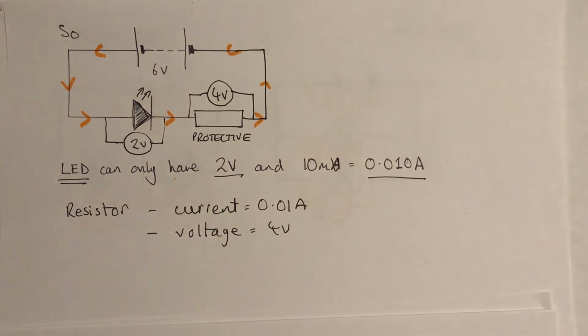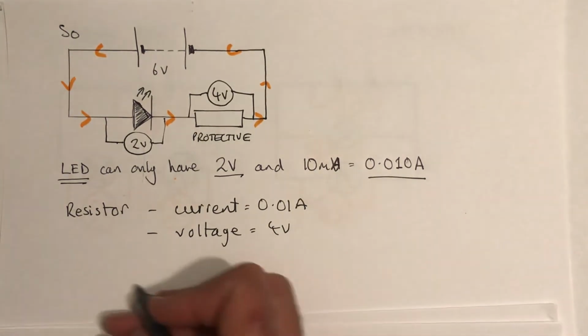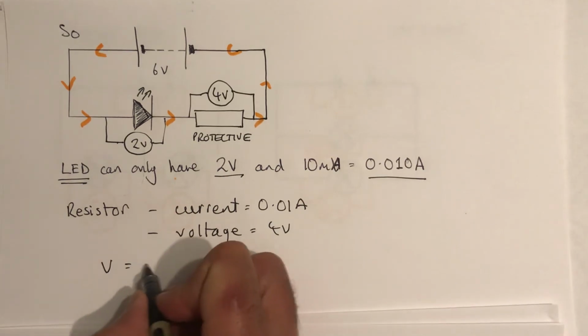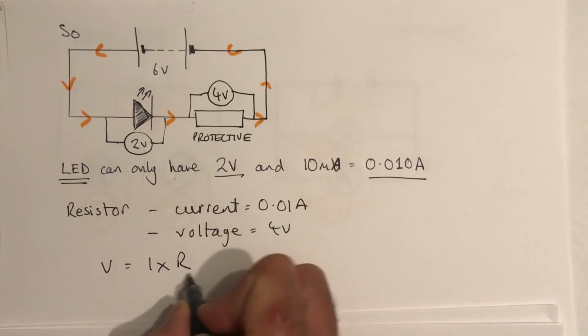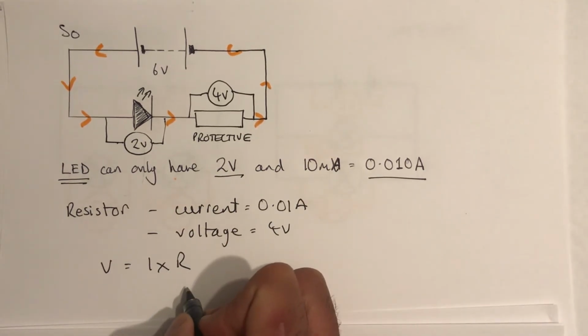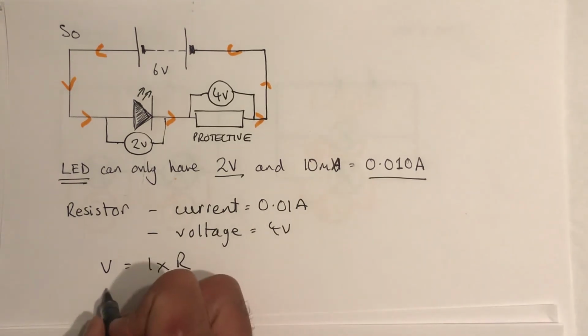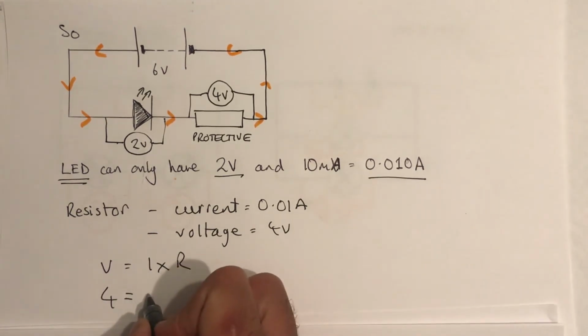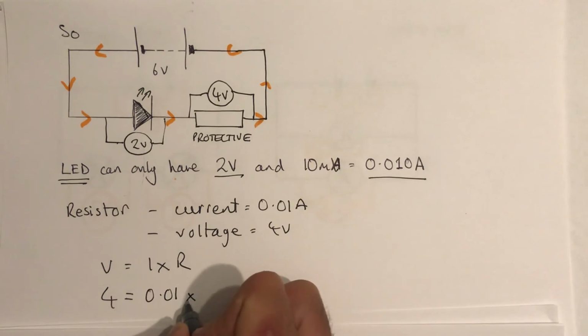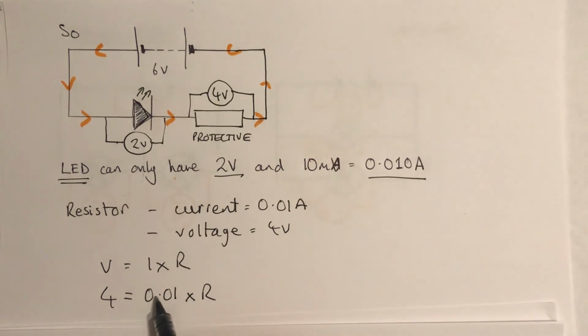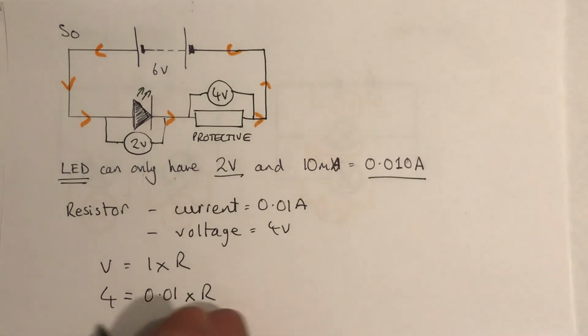So it's very easy to say, how do I design or choose this resistor? I go, okay then, well, using V equals I times R, the resistor that I need, the R, will simply be what I get if 4 equals 0.01 times R. So the 0.01 is times on this side, so I need to divide on the other side.